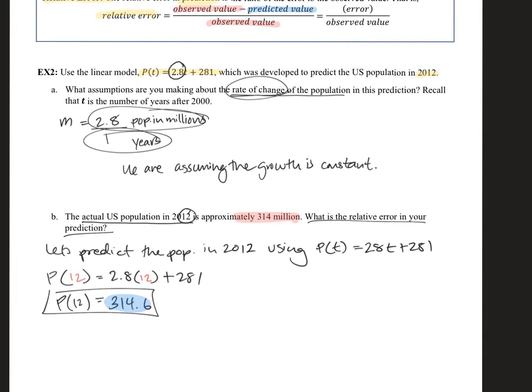So the relative error is going to equal the observed value, which is 314, minus what we predicted from our equation, which is 314.6, and divide that by the observed value.